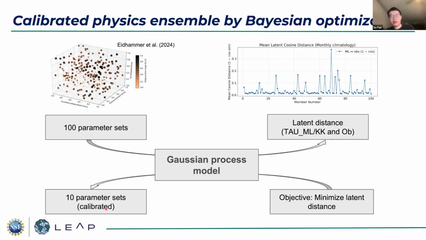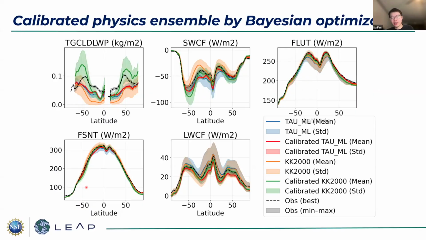So we did this calibration for KK2000 and tau ML separately, and then we run the CAM6 model with these new calibrated parameters. And here are the calibrated results for liquid water paths, shortwave, longwave cloud forcing, upward longwave flux, and net solar flux.